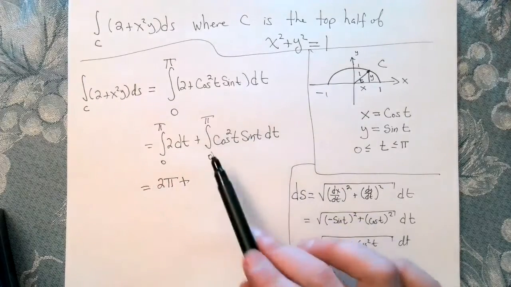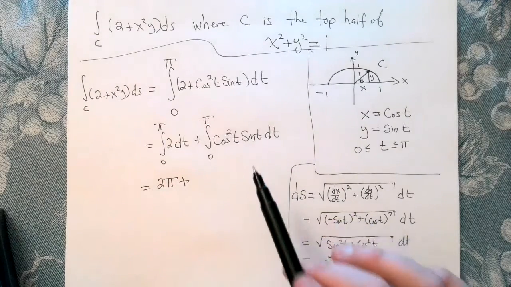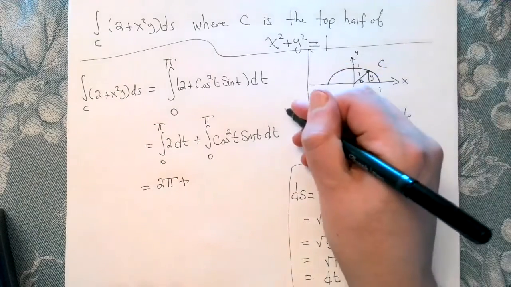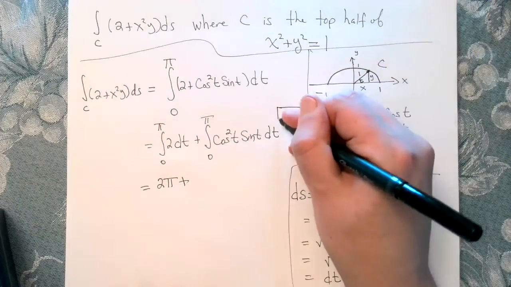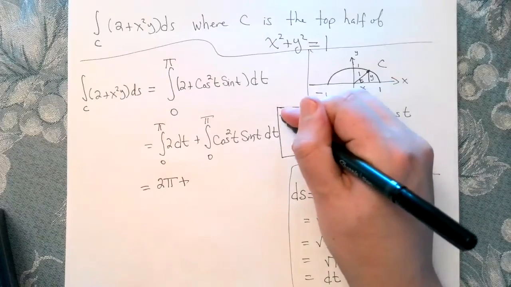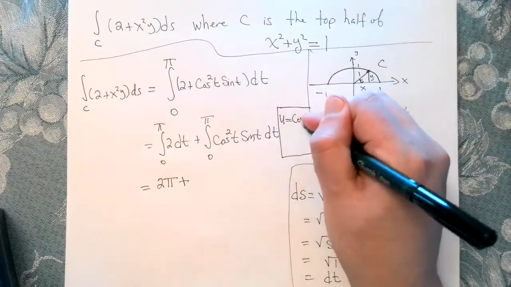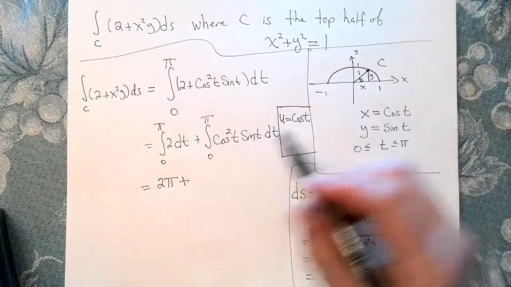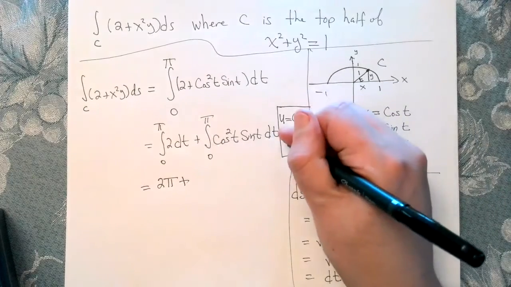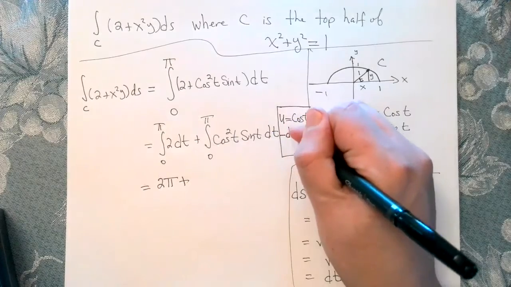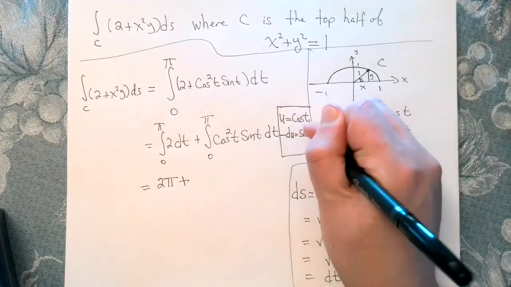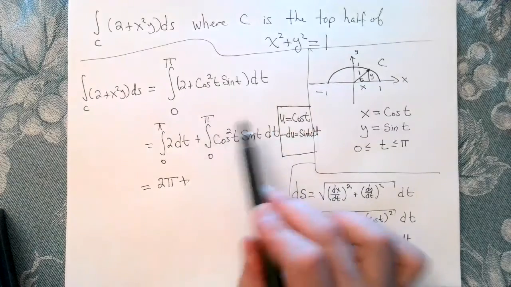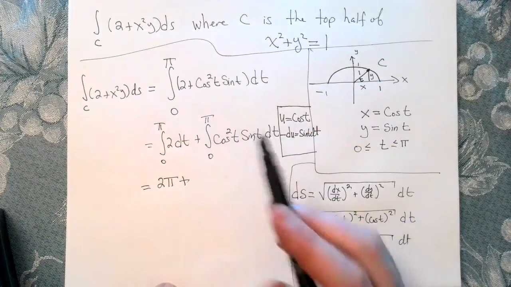And then this integral looks like a classic substitution. So for our substitution here, we're going to say u is equal to the cosine of t, the inside function here. Now the derivative of cosine, of course, is minus sine, but I'm going to multiply both sides by -1 and bring that negative to the other side. So I've got this. All right, so that's good. Don't forget to, of course, change the bounds.